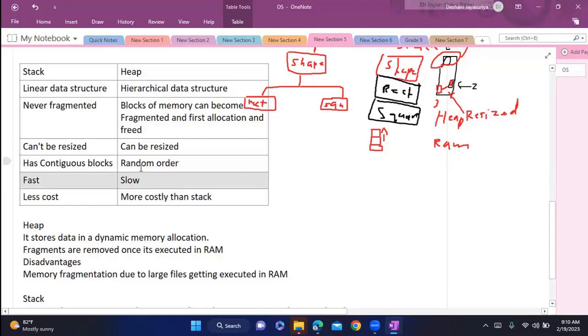Sometimes, when we are writing differences, some confusion happens. So always remember, because stack is not getting fragmented, it is fast. But if it's getting fragmented, you have to find the separate pieces where it is stored. So it takes more time to work with a heap than a stack. Remember it that way.